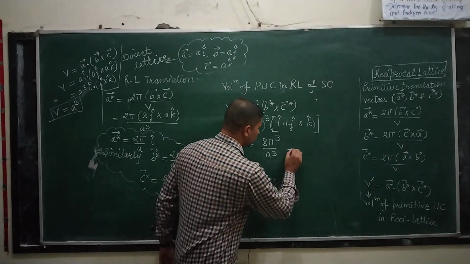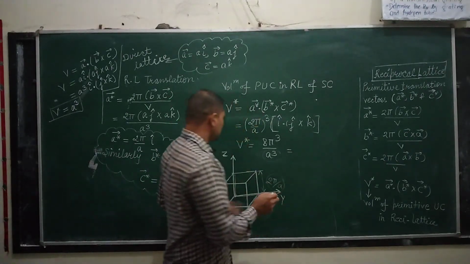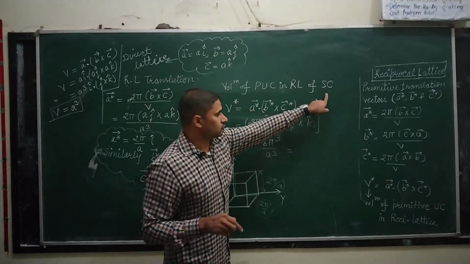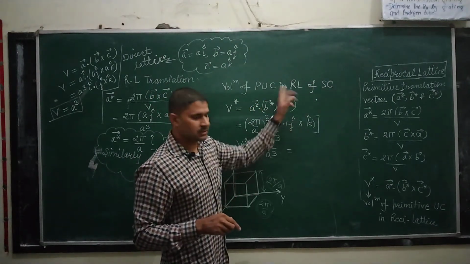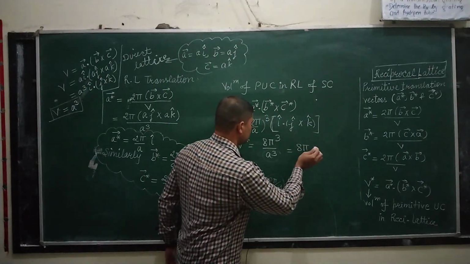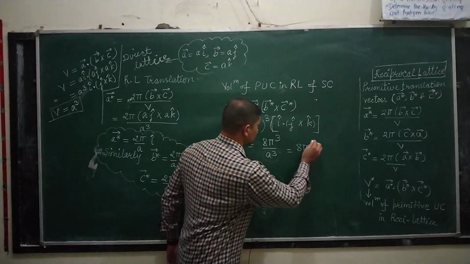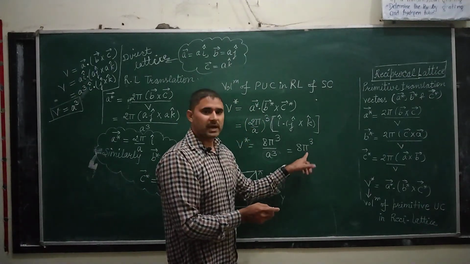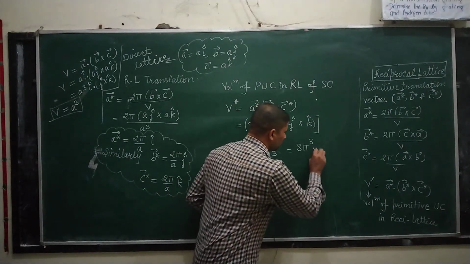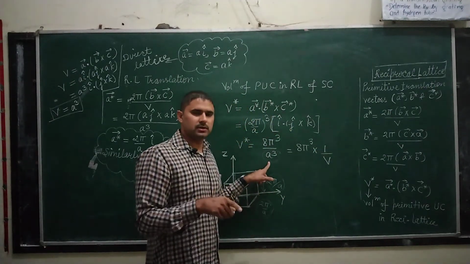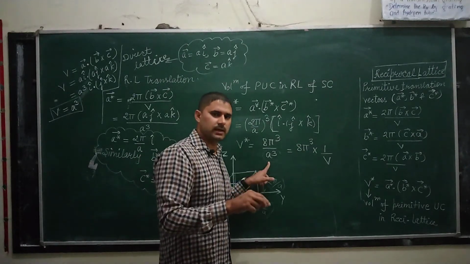So here I can write that the volume of the primitive unit cell of simple cubic in reciprocal lattice is 8 pi cube times the reciprocal of the volume of the unit cell in direct lattice.